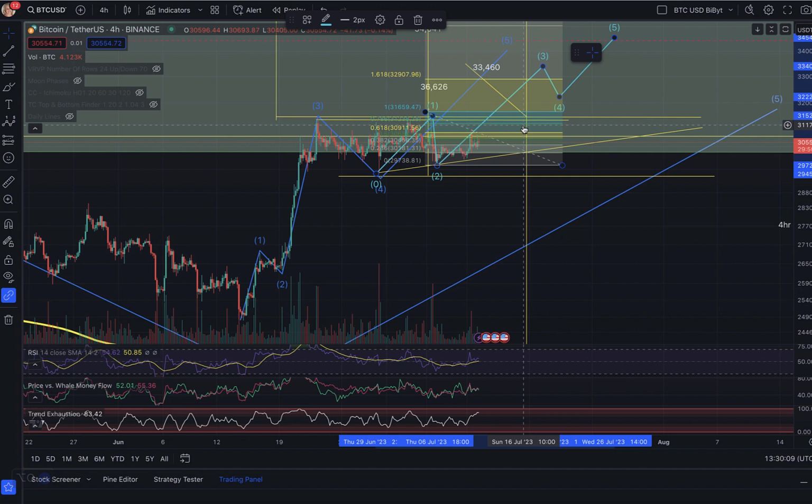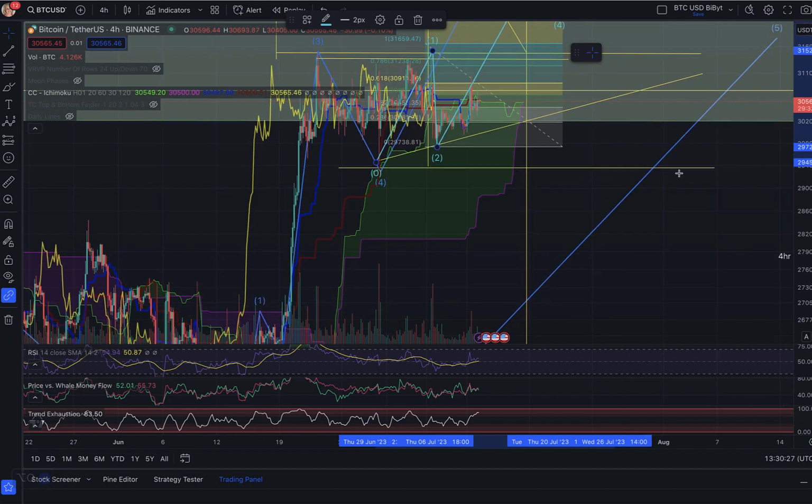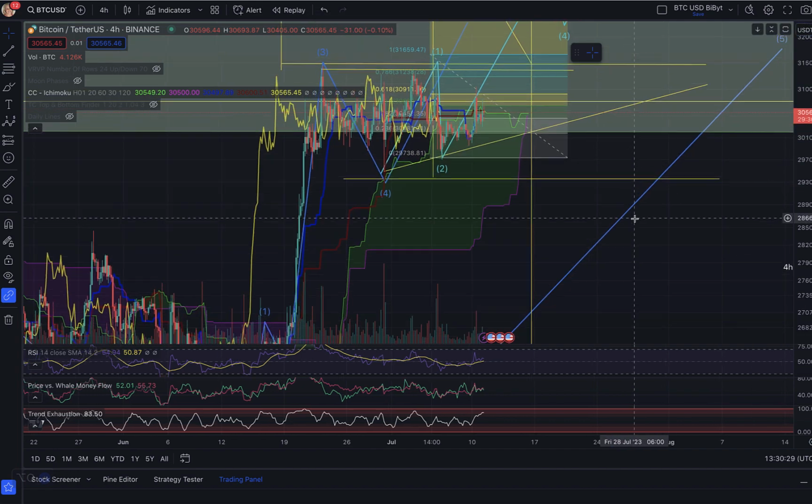Ichimoku cloud is bullish on the daily, it's bearish on the 4 hourly, so we want to monitor it on the 4 hourly to see if it crosses. And if it crosses, i.e. this red line comes under the blue line, which I think it's starting to do. Not quite, it's parallel but very, very close.